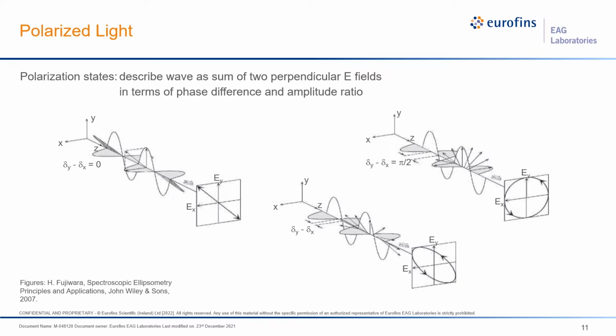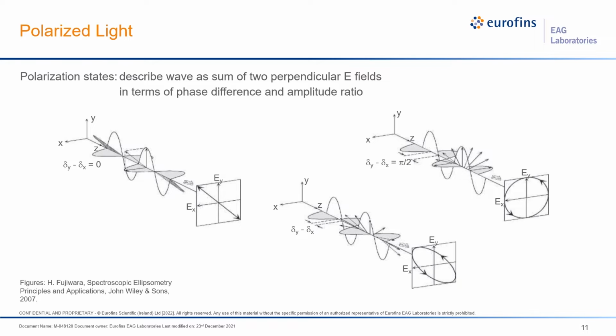To understand the fundamentals underlying ellipsometric measurements, we need to look into the properties of light. Light can be described as a traveling electromagnetic wave. For the purpose of ellipsometry, it is sufficient to consider only the electric field. The electric field of this transverse wave is always orthogonal to the propagation direction.